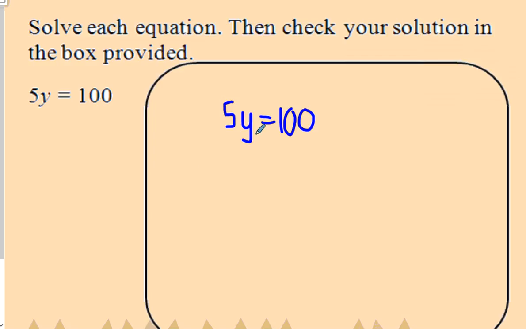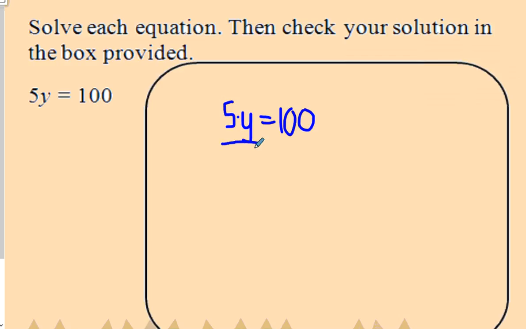Just as a reminder, the goal of solving an equation is always to get the variable isolated, or by itself. So I want to get y by itself. I need to look at the relationship between the number I want to get rid of, in this case 5, and the variable y. 5y is the same as 5 times y. So I need to do the inverse operation of multiplying, which is dividing.